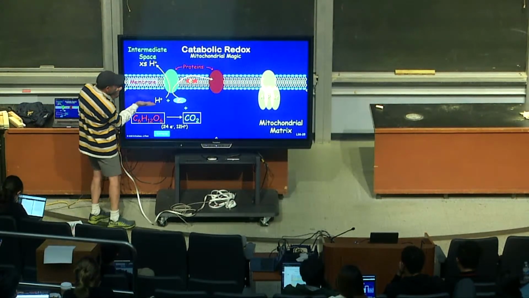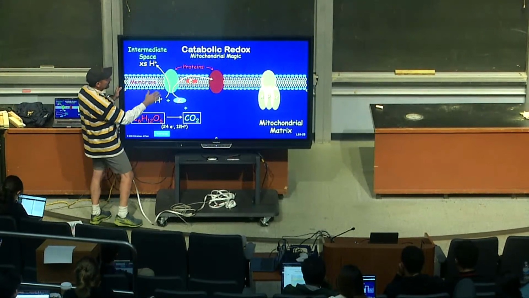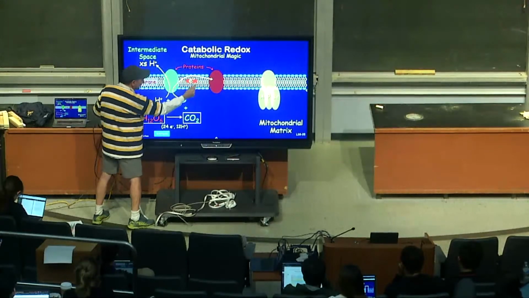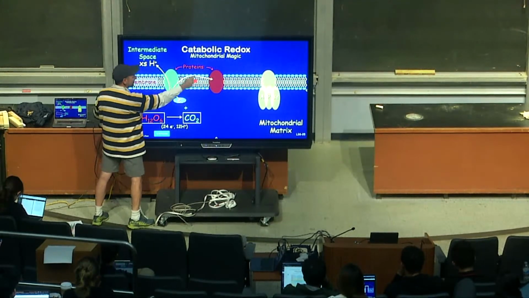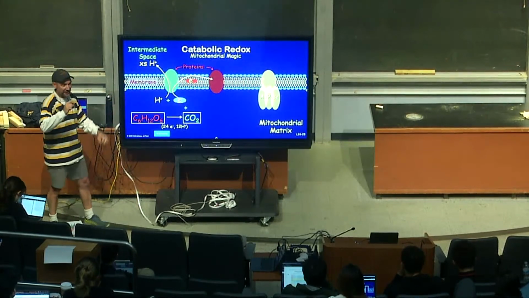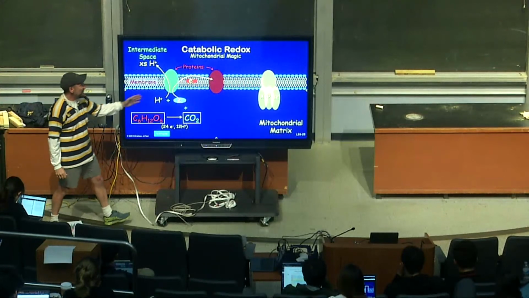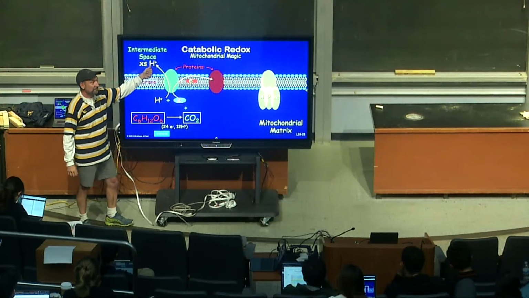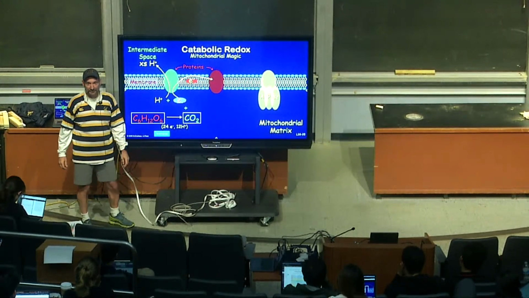And you pump protons out using the electric potential of moving these electrons around. And you saw that. You can do electrochemistry. You can move electrons, and you can steal some of the free energy and do this work of pumping a proton across the membrane.